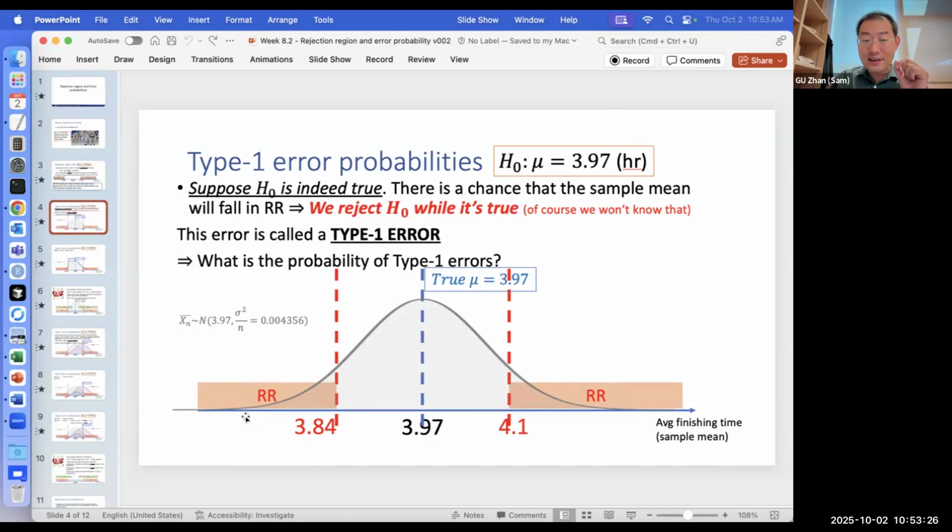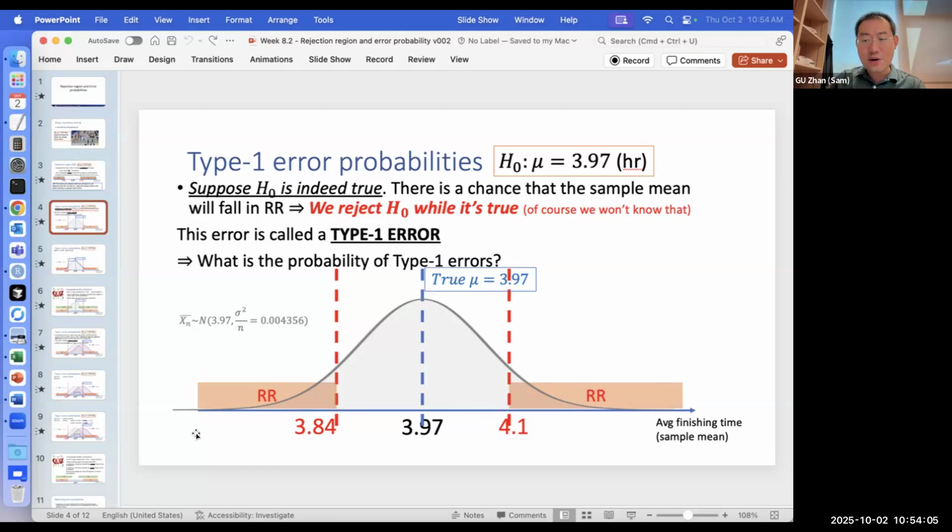So it will be centered here, and there are two sides. The gray curve is the sampling distribution, and this is the formula there. Now I want to calculate the probability of type 1 error. That means in this gray curve, when you collect samples of 100 runners again and again, sometimes the average hour will be 2.97, sometimes 4.0, sometimes 4.01.